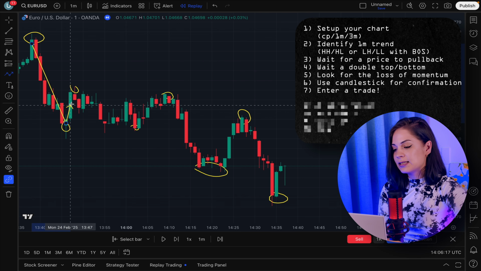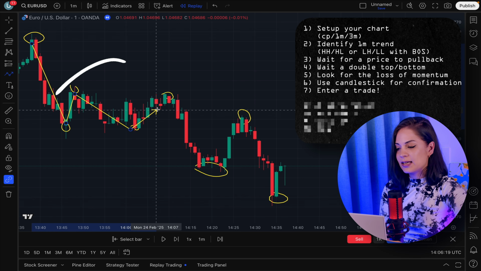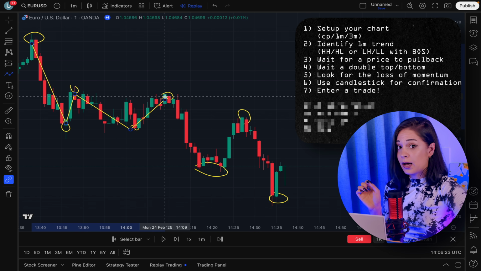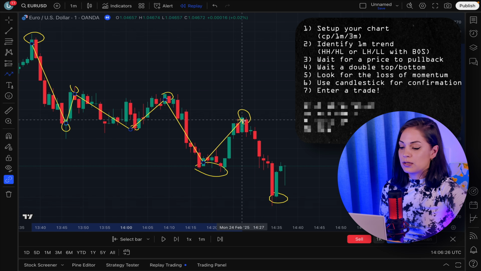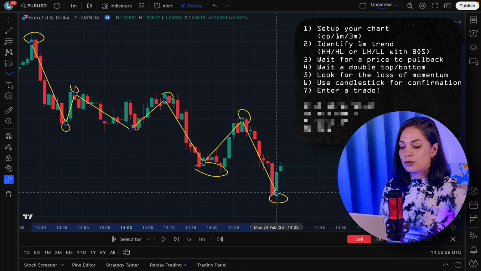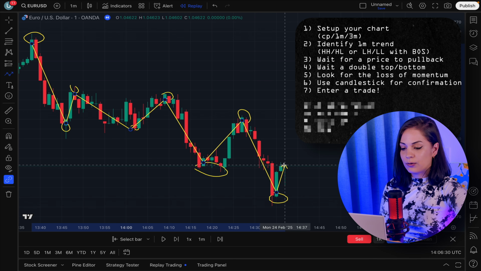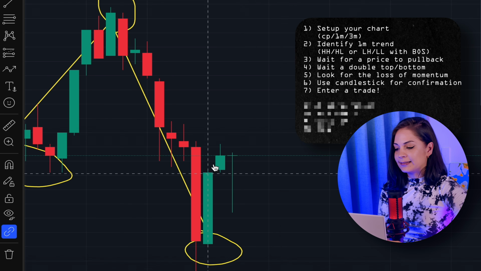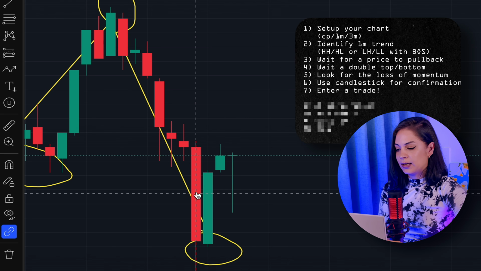And actually this case is a bit more interesting. We see a little consolidation right here. We have equal lows and equal highs, but globally, of course, the movement of the price continued going downwards. And right now the price is actually growing. So we are at this last pullback that's happening, and it started already.